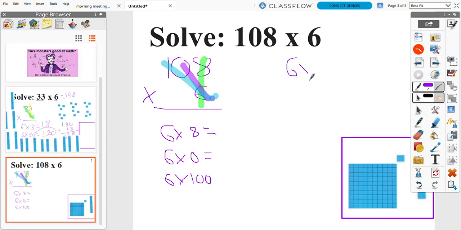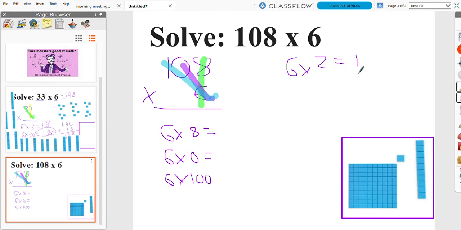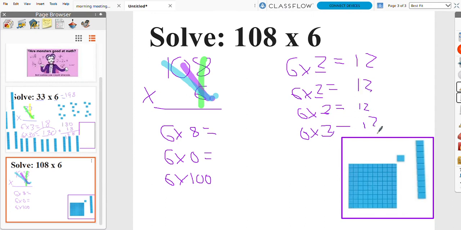I know that 6 times 2 is 12. If we did 2, 4, 6, 8, right? 2, 4, 6, 8, it would be 12 plus 12 plus 12 plus 12.